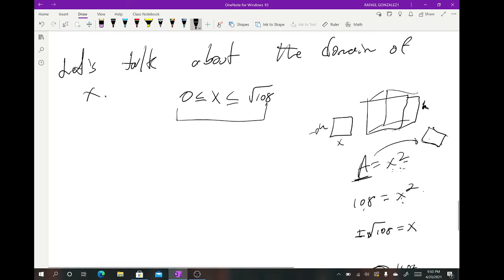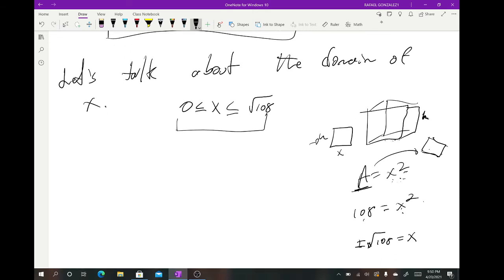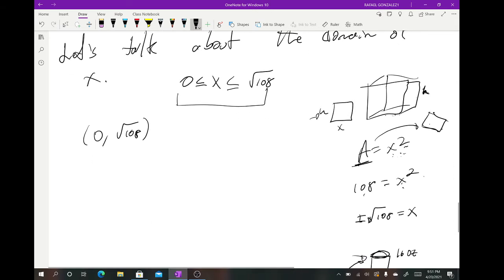Okay, so now that we have found our interval, we're looking for x values on the interval 0 to square root of 108. So if the solution is not on this interval that we get now, then we disregard them.